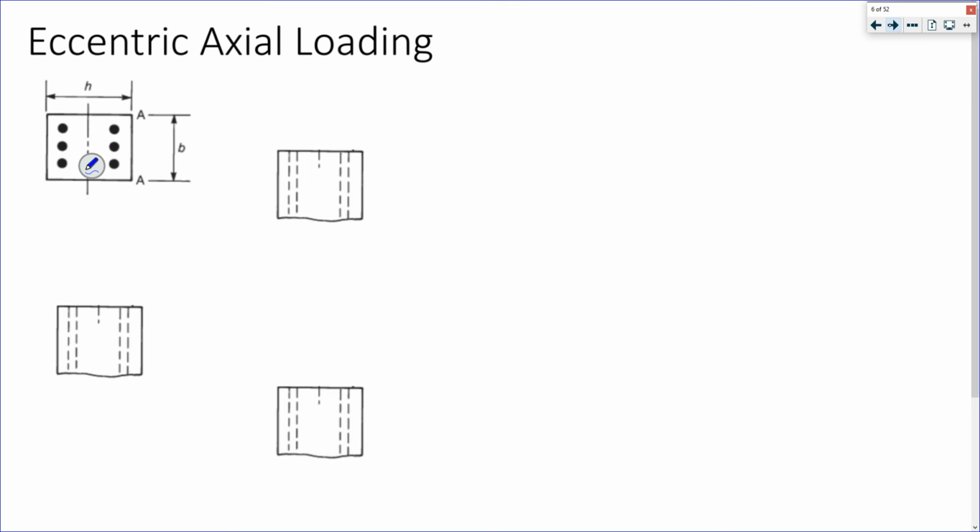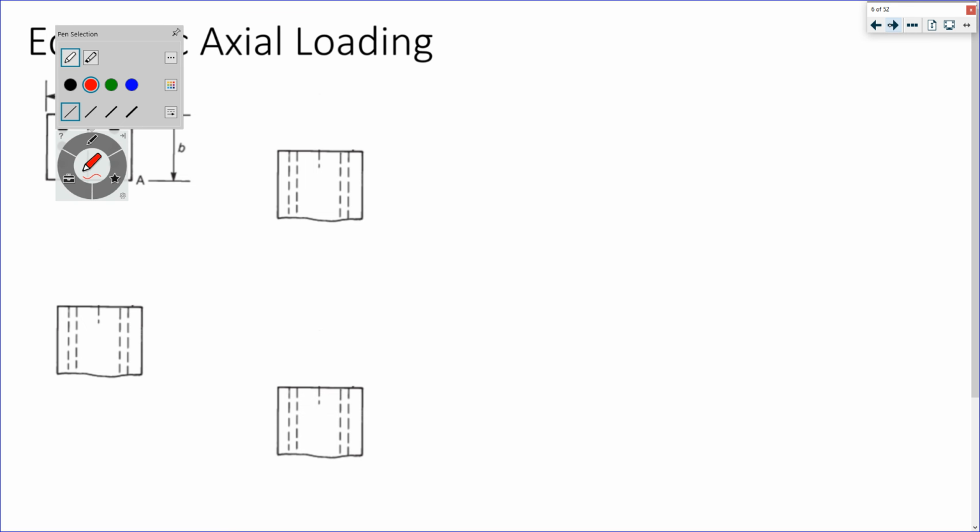So pure axial loading is when we have a concentric load, right? When my load occurs right at the center.